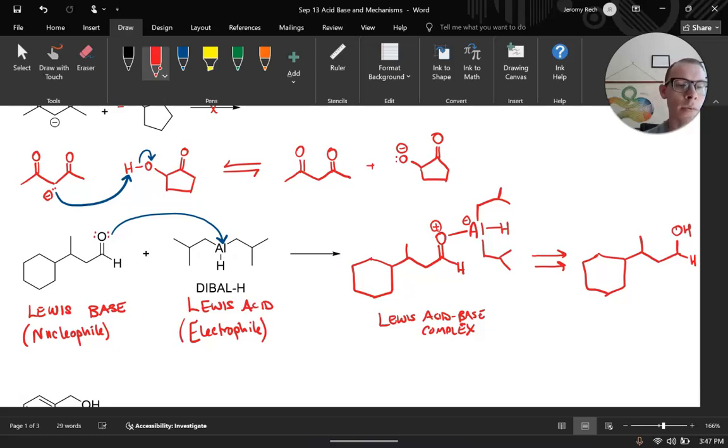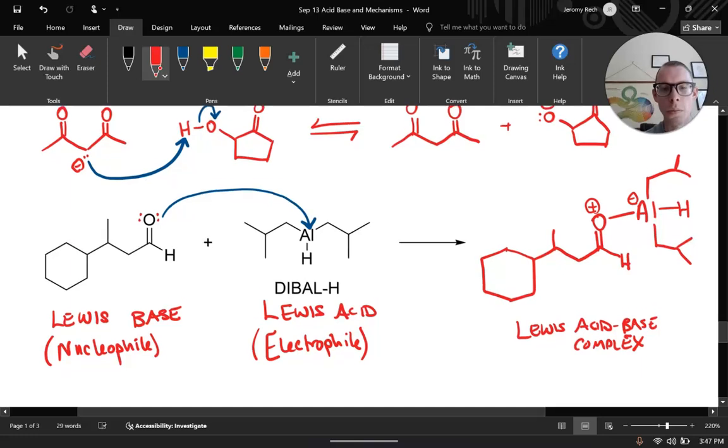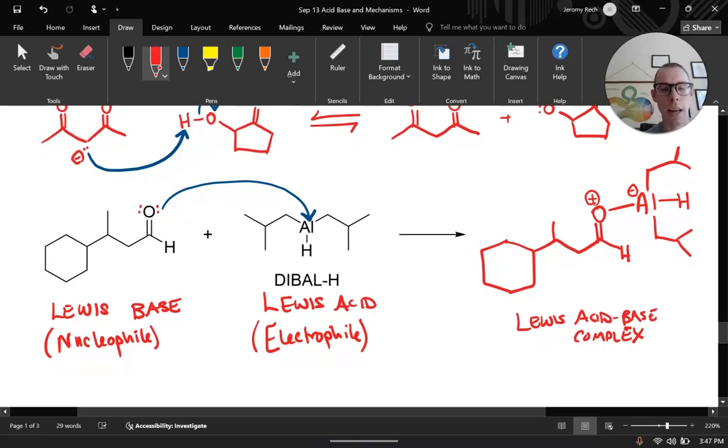That's a weird one, but it's kind of cool to see how a big complicated reaction that you won't learn until Orgo 2 has a first step of the mechanism that is part of the very first types of mechanisms you learn in Orgo 1. And this will form that kind of big complicated complex that we've seen previously.